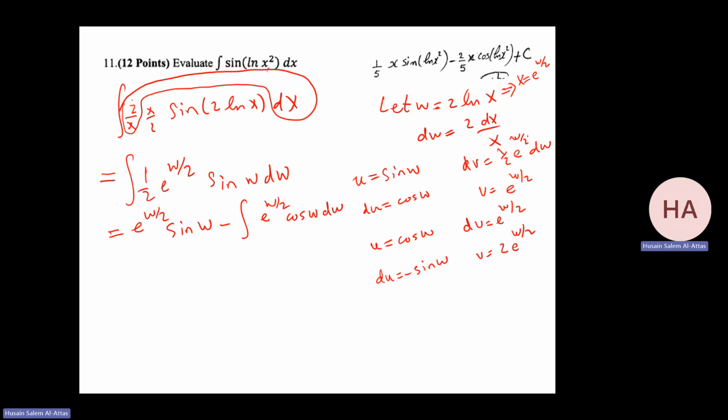We have dW here. So this one will be e to the power W over 2 sine W. It's a matter of calculation. Minus what? 2 e to the power W over 2 cosine W.